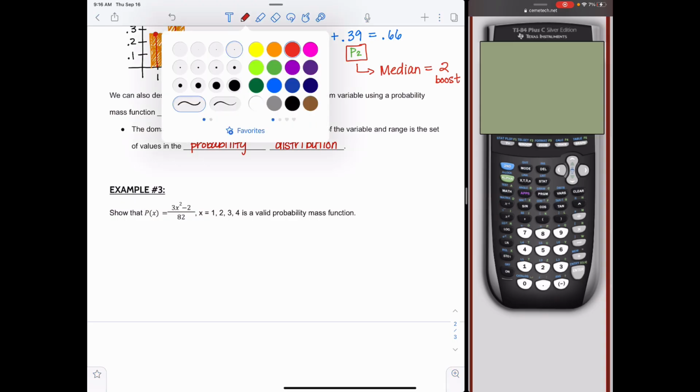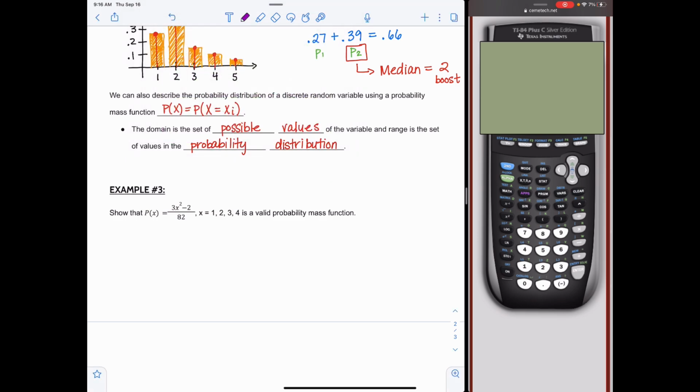So there are 2 conditions in order to be a valid probability mass function. The first condition is that your probability must be between 0 and 1. The probability of each individual random variable value should be between 0 and 1.